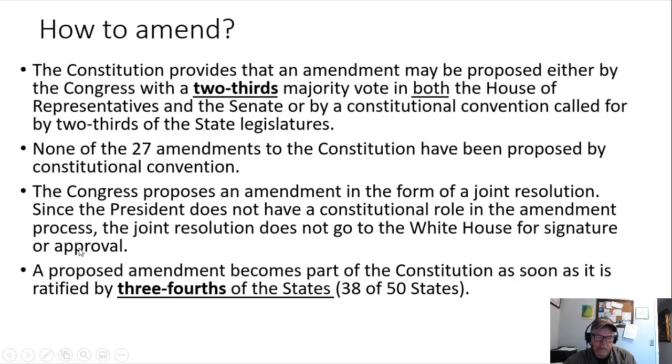We're going to amend the Constitution. And notice, the president has nothing to do with amending the Constitution. It doesn't even go to the White House for a signature. So it goes from the Congress to the states. That's federalism in action, right? A division of power, federal to state.